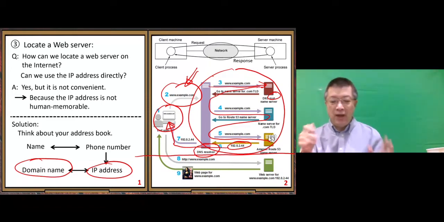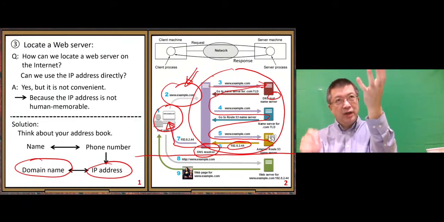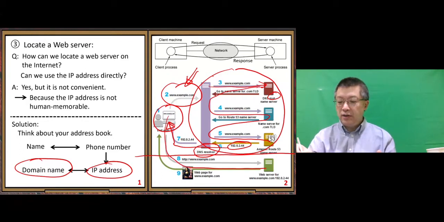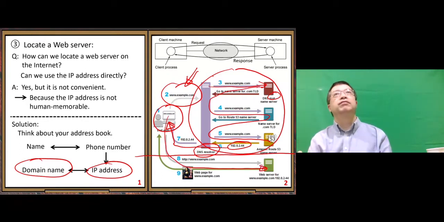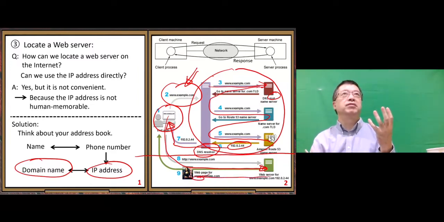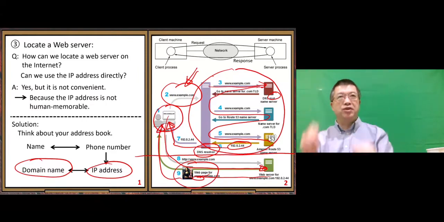Then the second step. After your browser gets that IP address, it sends the request to the real server. That server returns a response containing some data and sends it back to your browser.